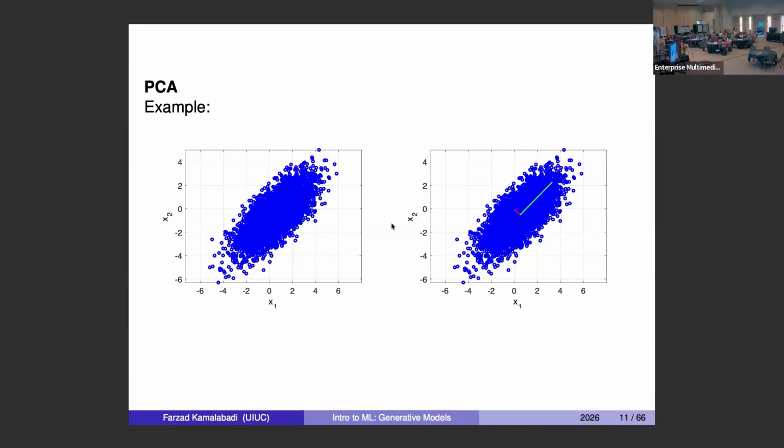Now, if I ask you again, give me the second vector that satisfies two conditions. First of all, it is orthogonal or perpendicular to the first vector, and also has the next highest dispersion. Again, that's not difficult for you to visually tell me that, yes, it's in this direction, with that small vector.